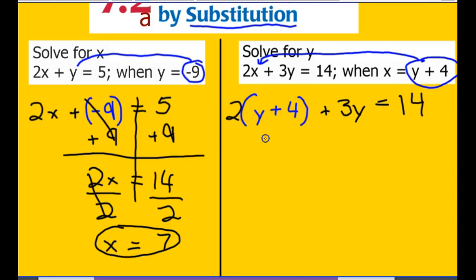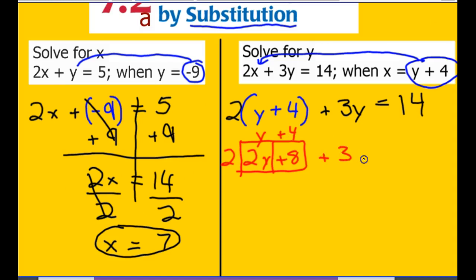So we have to get y by itself. The first thing we need to do is make our box to get rid of our parentheses. On the outside we have 2, and y plus 4. 2 times y is 2y. 2 times 4 is 8.